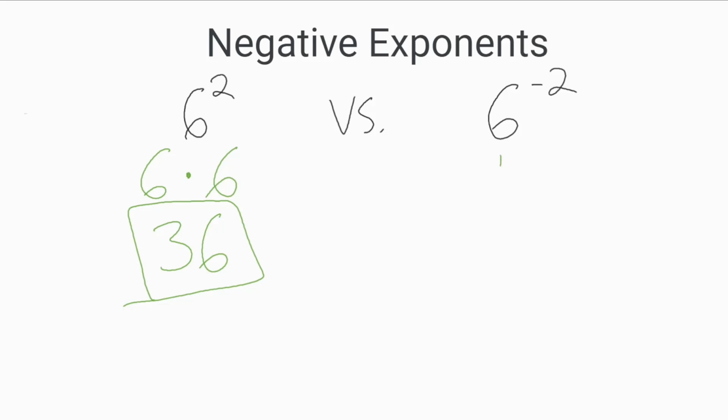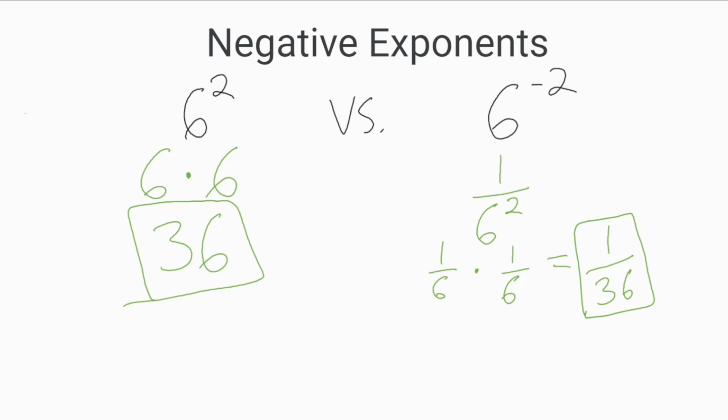So we actually have 1 over 6 squared, which is just 1 over 6 times 1 over 6, or 1 over 36. And there's our value for 6 raised to the negative second power. We can see the similarities but also the differences between the positive and negative exponent.